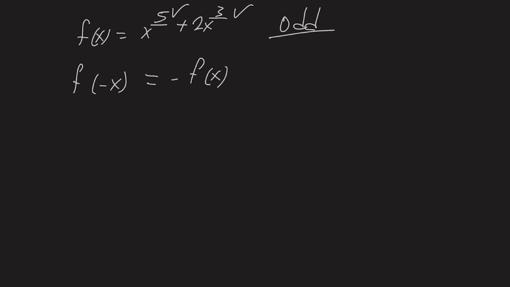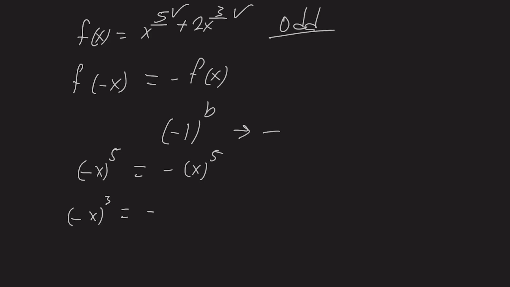Whenever we raise a negative number to an odd power, our resultant is going to be a negative number. So negative x to the fifth is the same as negative x to the fifth. And negative x all to the third is the same as negative x to the third.